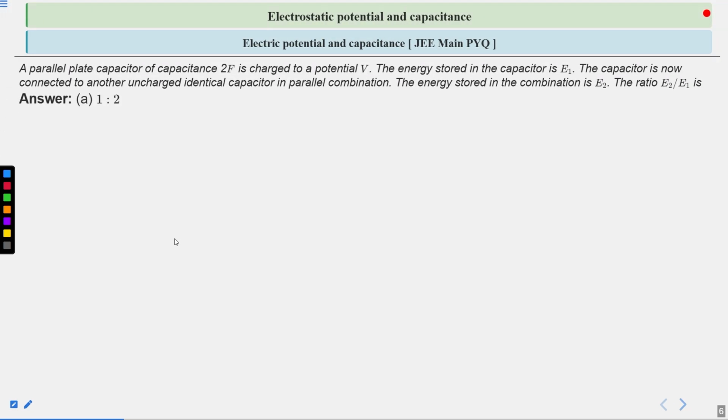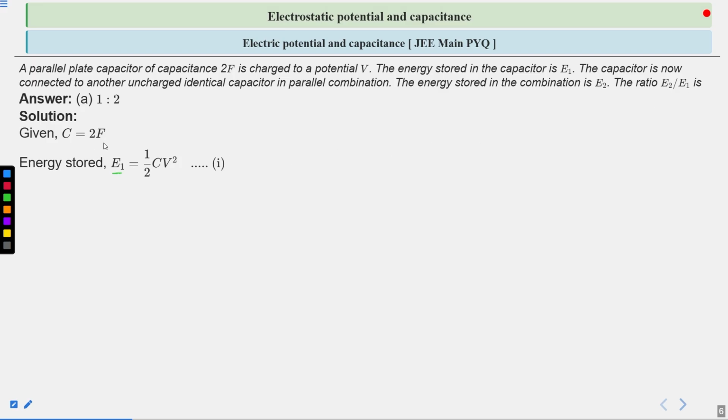Let's see the correct answer, which is A, 1:2. So let us see the solution. Given that capacitance of the capacitor is 2 farad, the energy stored E1 is equal to half CV square. We don't have to put the capacitance because the other capacitor is also identical, so when we take the ratio, the capacitance will get cancelled.